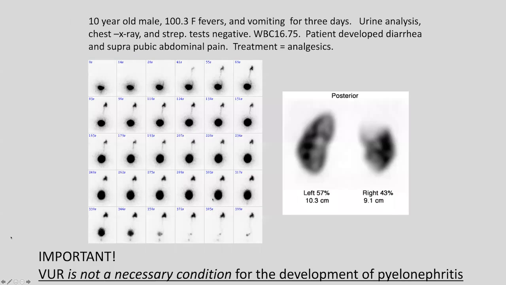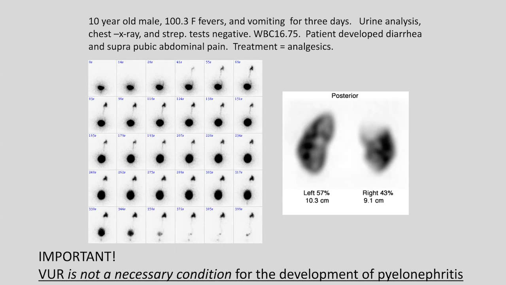Now, this image is very important, not because there is a cystogram on the left or a clear defect on the upper pole here. This patient, a 10-year-old, had fever and vomiting for 3 days. Urinalysis, chest x-ray, and strep tests were all negative.